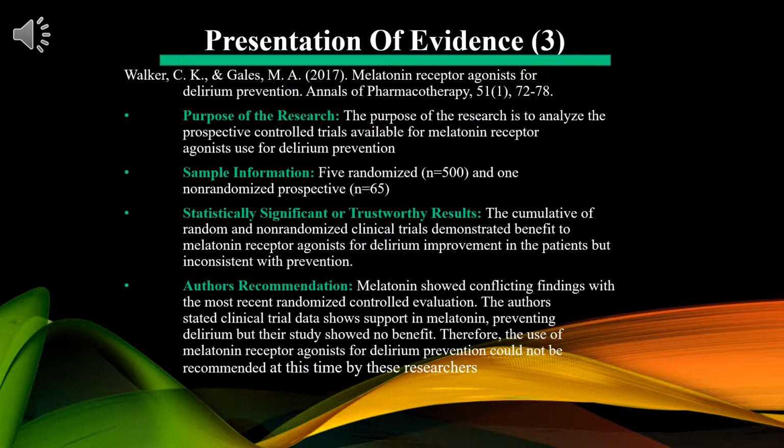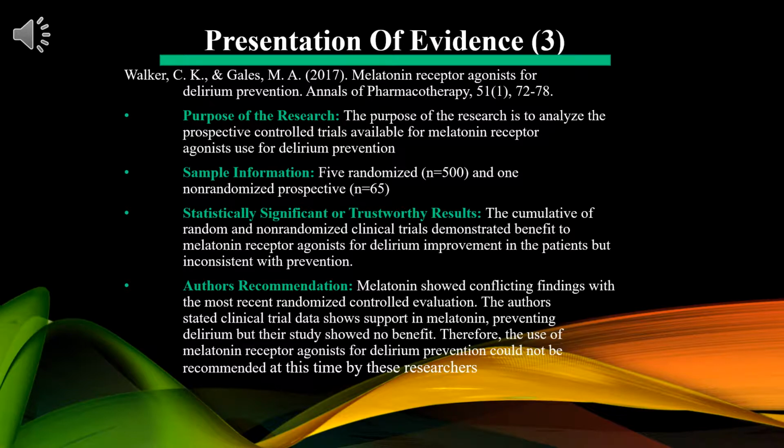Statistical significance, the cumulative of randomized and non-randomized clinical trials demonstrated benefit to melatonin receptor agonists for delirium improvement in the patients, but inconsistent with prevention. Therefore, the authors of this particular research indicated melatonin showed conflicting findings with the most recent randomized controlled evaluations.